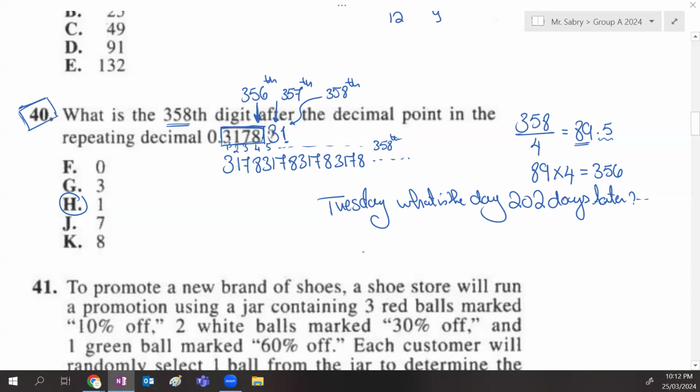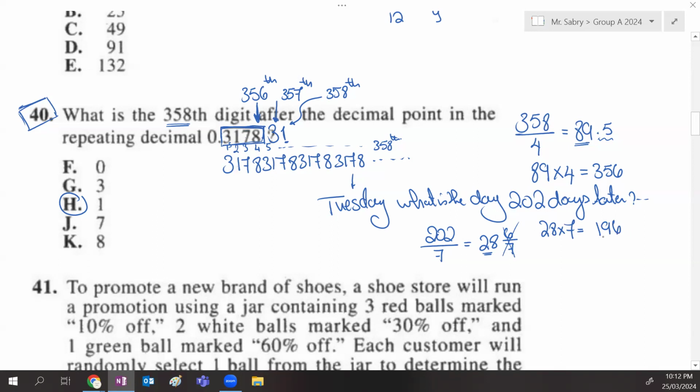How do I think about it? The week has 7 days, so if I wait 3 weeks from today it will still be Tuesday. So what do I do? I divide 202 by 7 to know how many weeks there are. 202 divided by 7 would get me 28, and as a fraction, 28 and 6 over 7. So I take the 28 and ignore the fraction. I do 28 times 7 to know how many days that covers. So 28 weeks is 196 days.